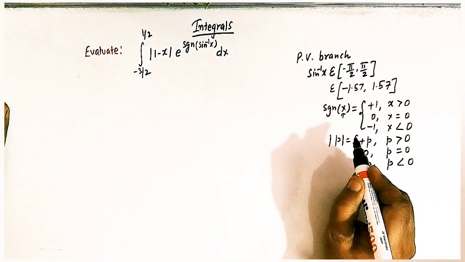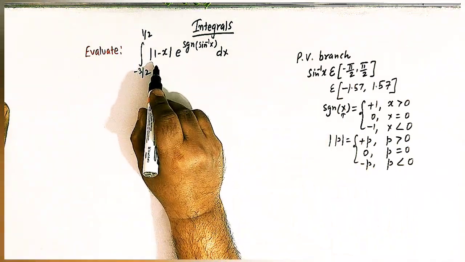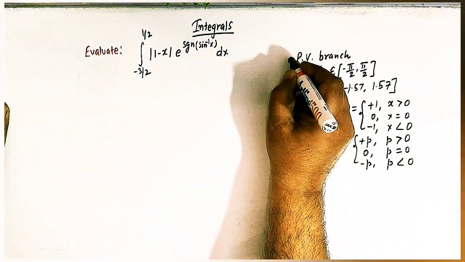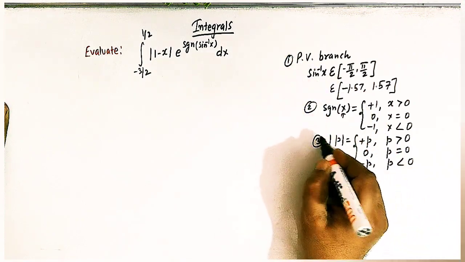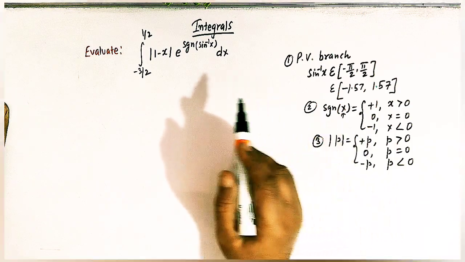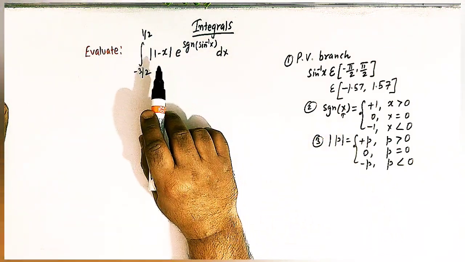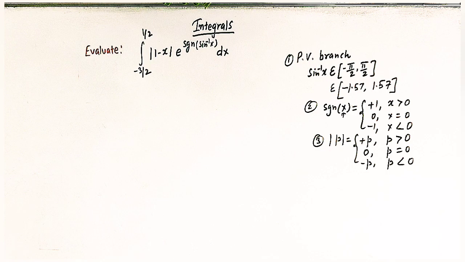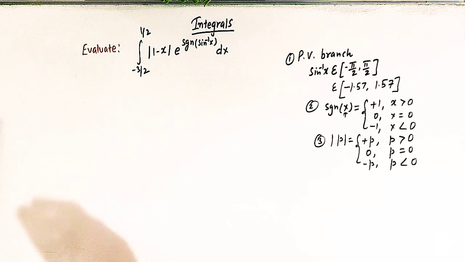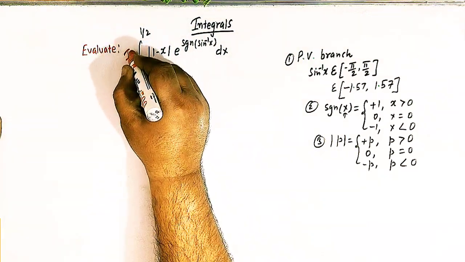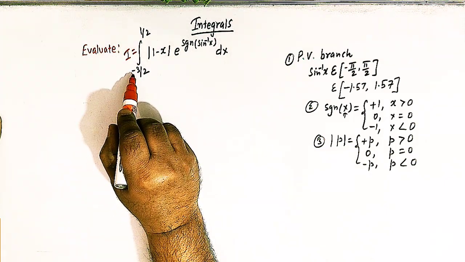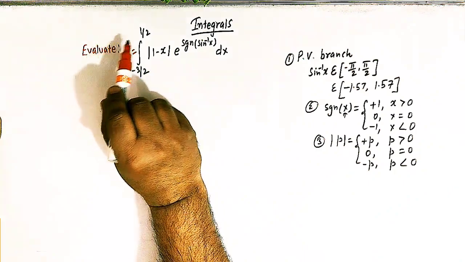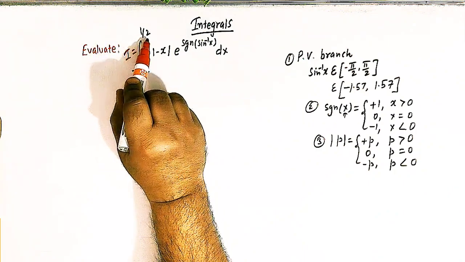So here we see that to evaluate this definite integral, we need these three concepts, and we'll apply these concepts one by one to this integral. So now let us call this integral I, where the lower limit is minus 3 by 2 and the upper limit is 1 over 2.